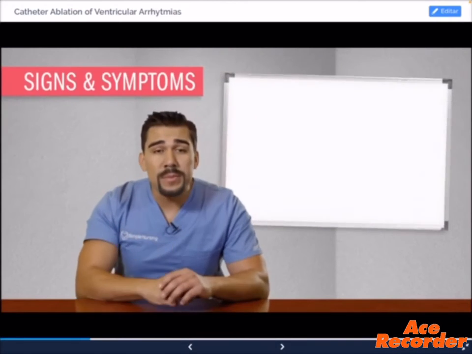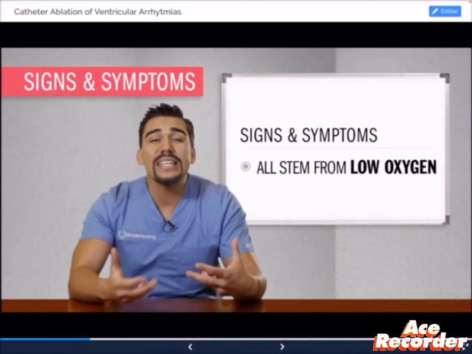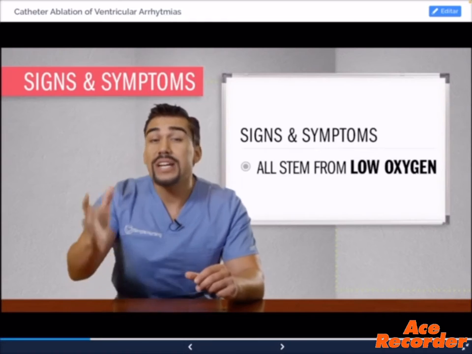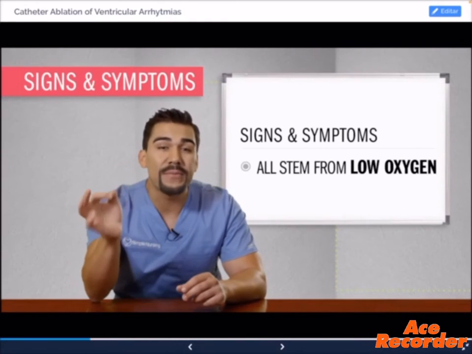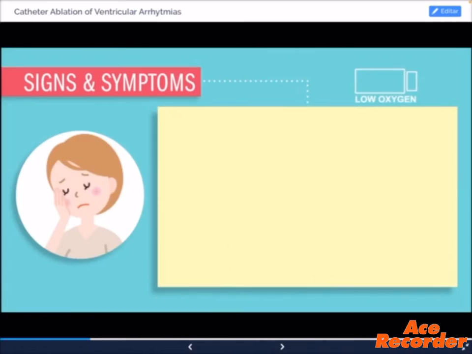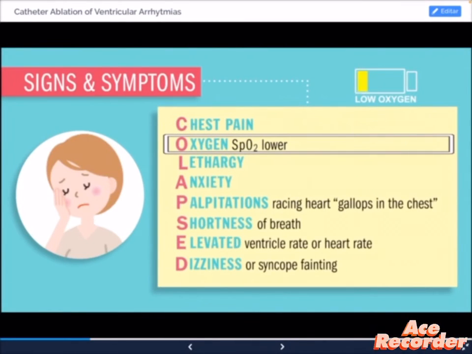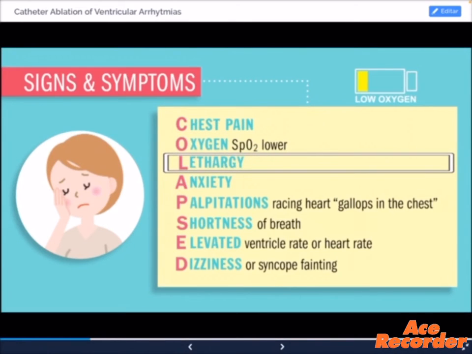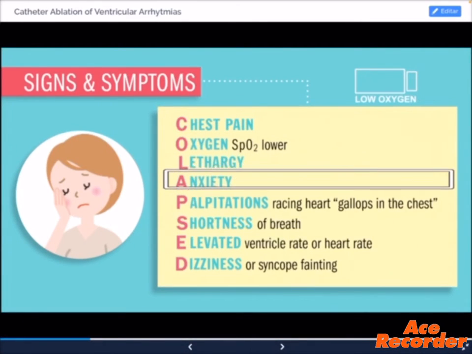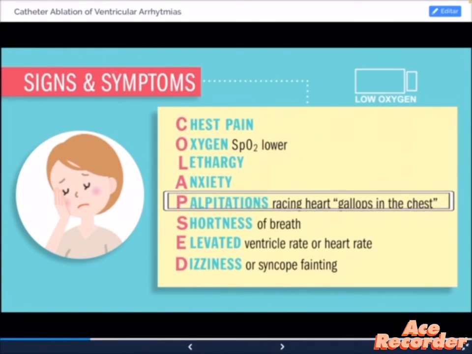Now, signs and symptoms for VTach all stem from an oxygen problem, basically low cardiac output. And just like in VFib, but the big difference is that our patients are mostly awake. So we'll see complaints like chest pain, oxygen saturation that is lower, L is for lethargy or fatigue, A is for anxiety, basically anxiety from having no oxygen, P is for palpitations, which is just a racing of the heart.